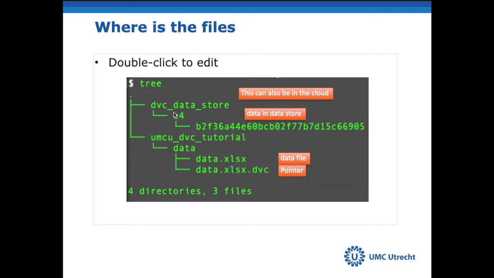I also have a data store on my local machine that stores the data, and this is represented by E4. There is a connection between this strange number that you see and the hash that you saw in the pointer. That's basically, under the hood, how DVC is connecting the pointer to the data.